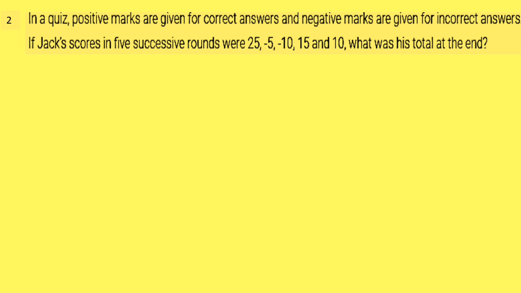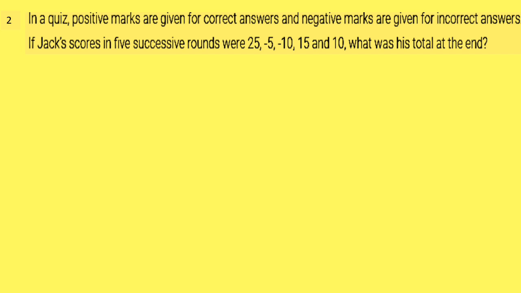Next question. In a quiz, positive marks are given for correct answers and negative marks are given for incorrect answers. If Jack's scores in 5 successive rounds were 25, minus 5, minus 10, 15 and 10, what was his total at the end?